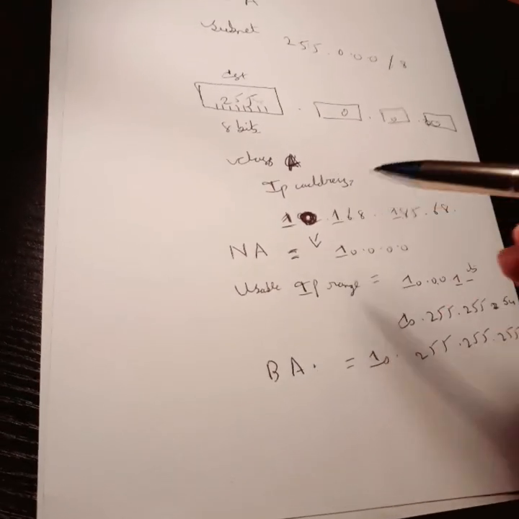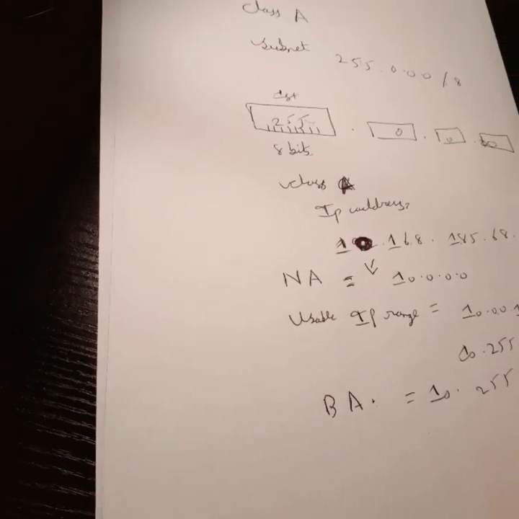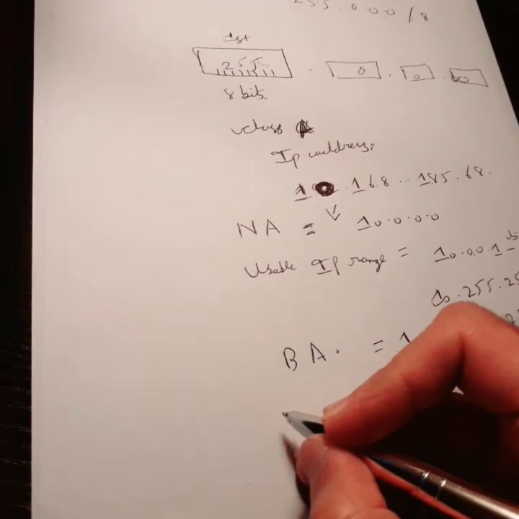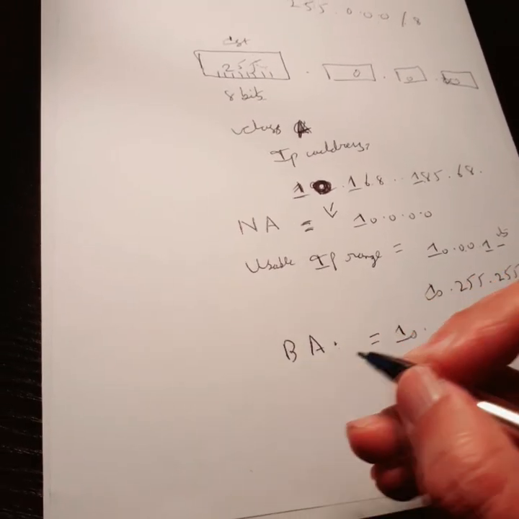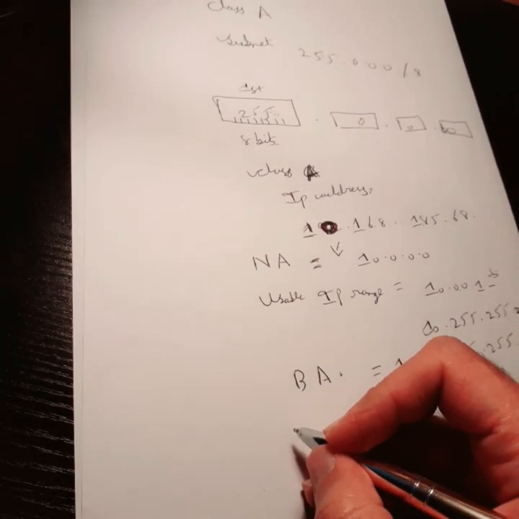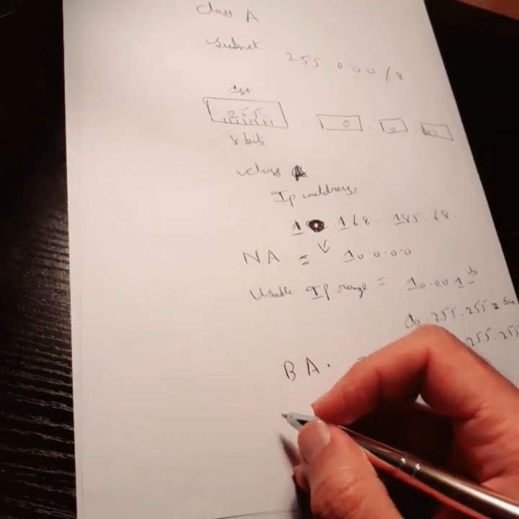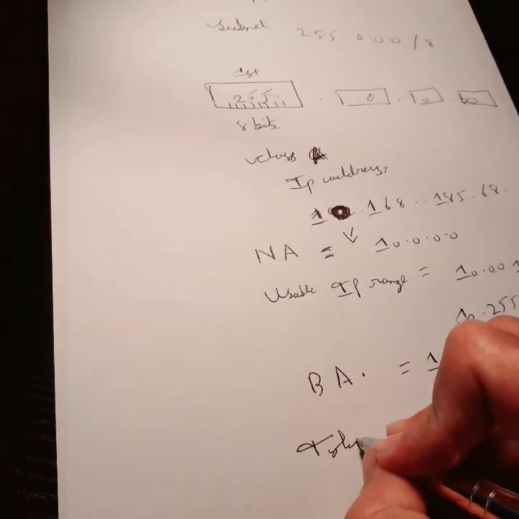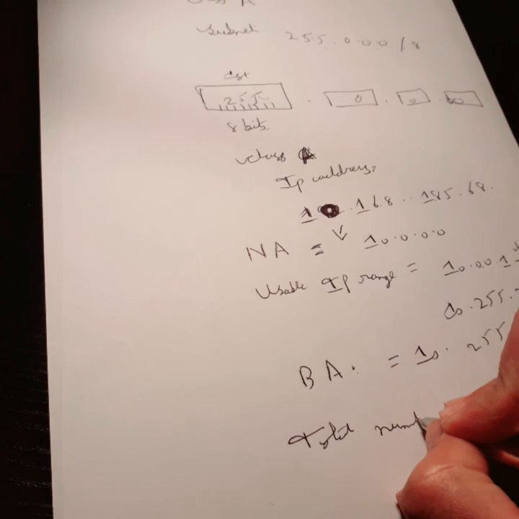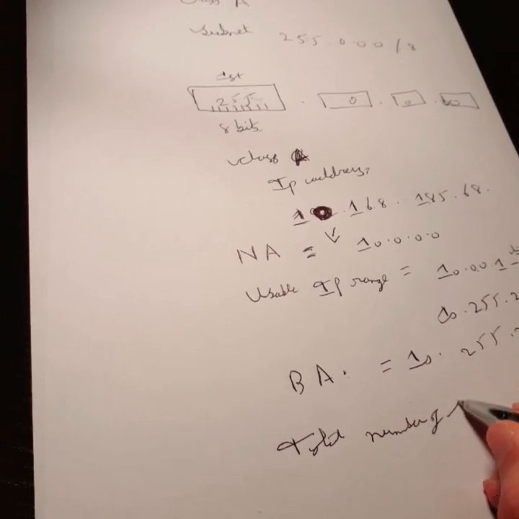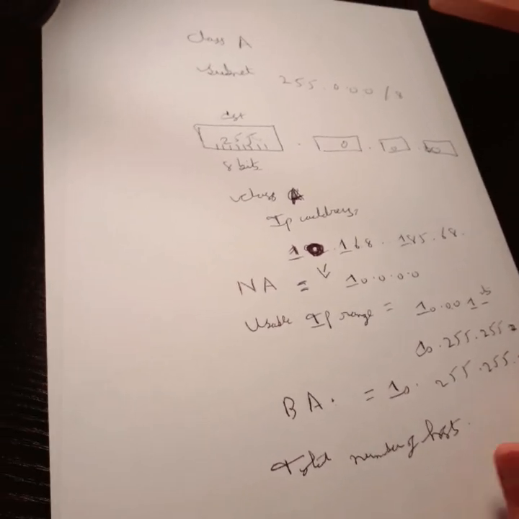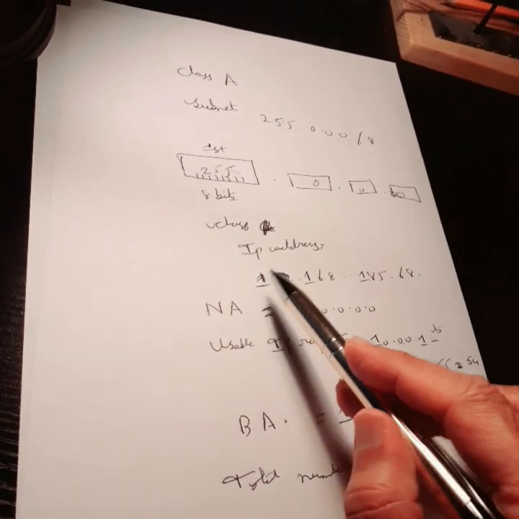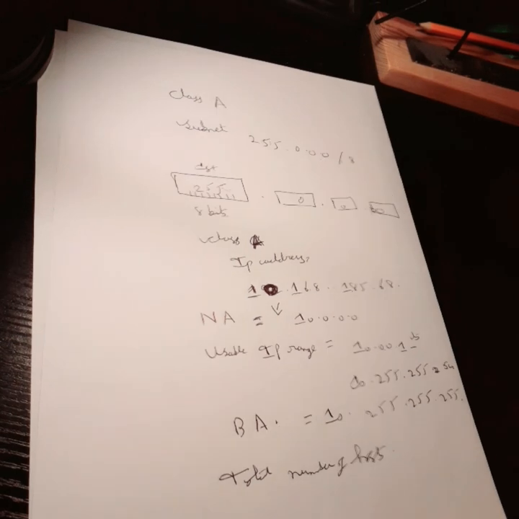We are only talking about IPv4 at the moment. And then another thing you want to know is the total number of hosts. What's the total number of hosts that you can get with this combination of subnet mask and that IP address?